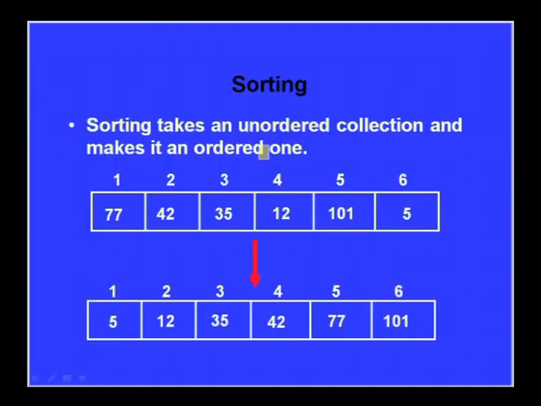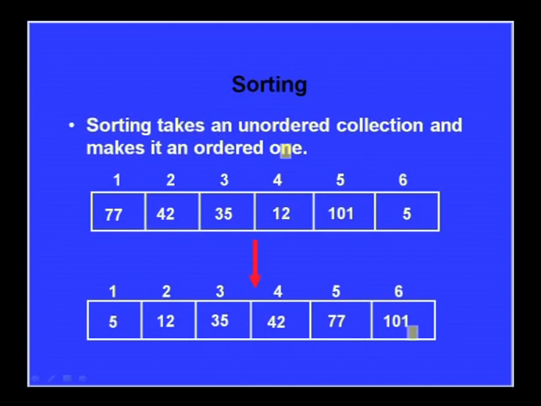Sorting takes an unordered collection of elements, and after applying the sorting technique, we will order them into either ascending order or descending order. So as you are seeing, you are looking into 6 elements over here, in which it is just an unordered collection of numbers, and after the sorting technique has been applied, the result would be that the elements are sorted in an ascending order.